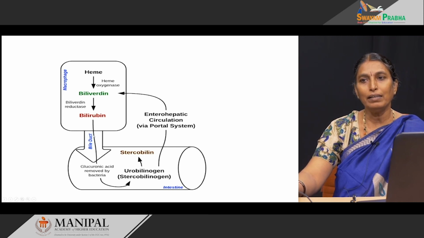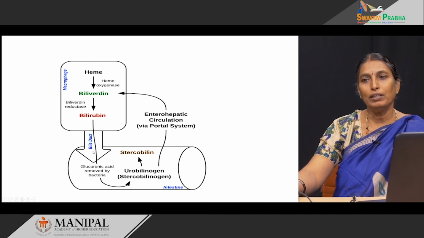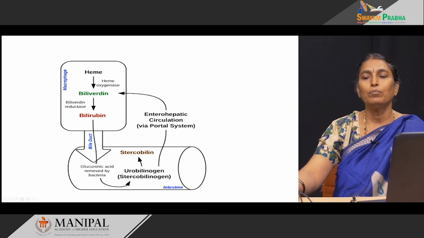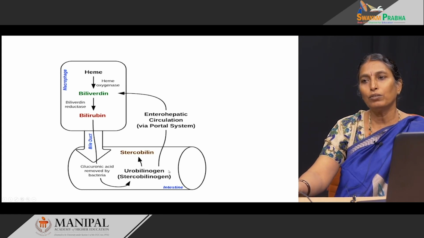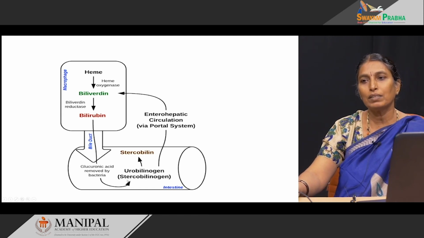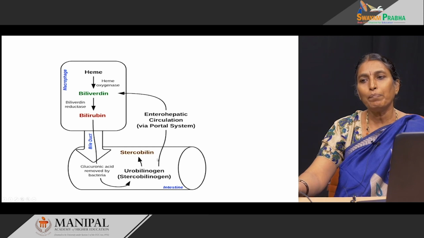From the bile duct it enters the small intestine, and from the small intestine it passes to the large intestine, or at the end of the small intestine and beginning of the large intestine, the bacterial enzymes remove the glucuronic acid from the bilirubin monoglucuronide as well as diglucuronide. So, this bilirubin is converted first to urobilinogen, a colorless compound, which becomes stercobilinogen, and then it is excreted in the feces.